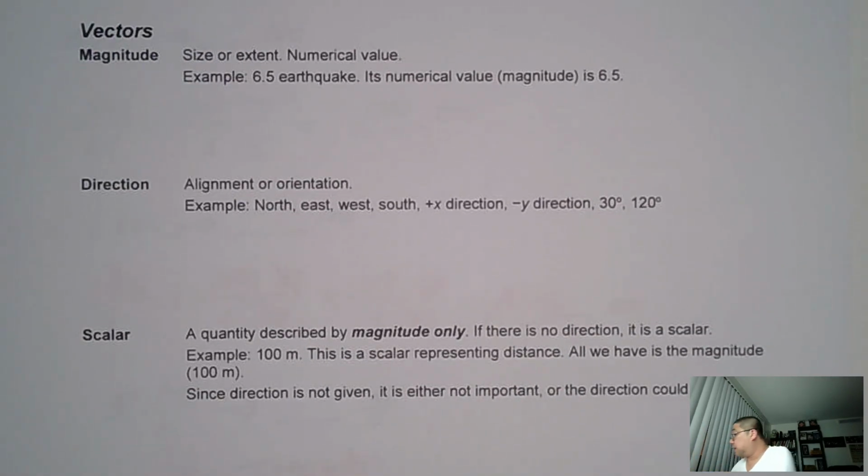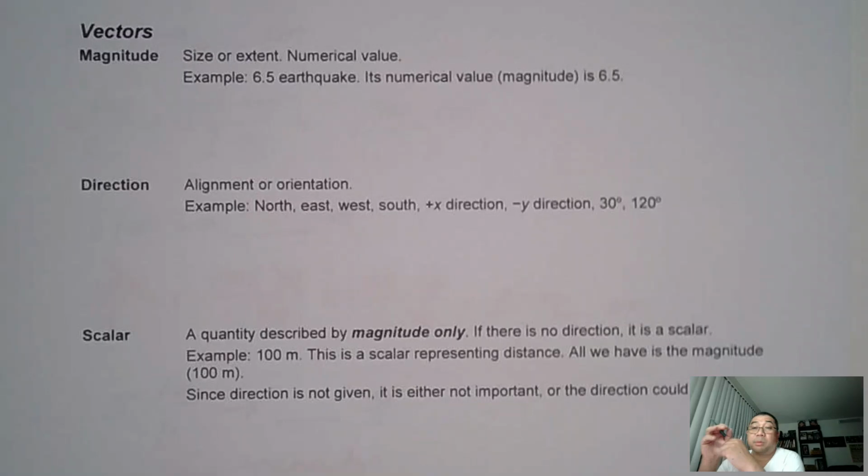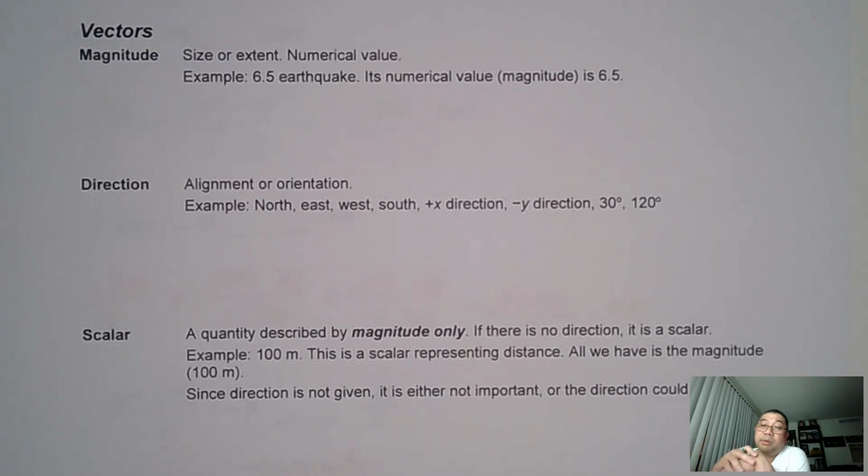In physics class, most of the time we are discussing vector quantities and scalar quantities. Sometimes they are not interchangeable. Later on, since our topic is all about rectilinear motion, velocity can be interchanged with speed.